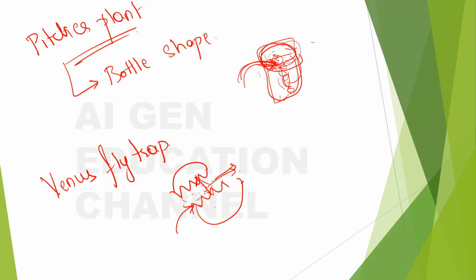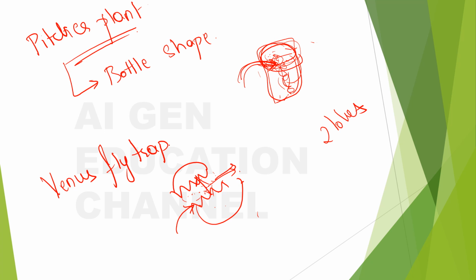Any insect will get trapped if it comes here, and also it has a slippery surface here. The Venus flytrap has two lobes, right? What I have mentioned here are the two lobes, and the inner surface has some hair, and when the insect touches the hair, the lobes mesh up together to trap it.